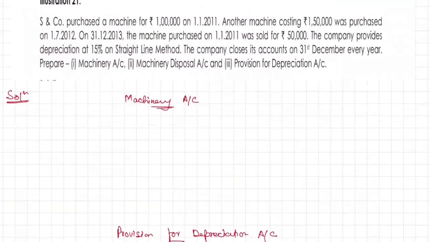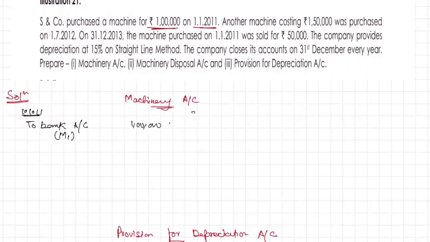So what happened? On 1st of January 2011, a machinery was purchased, correct? So I can write 1/1/11 to bank account. Okay, and I'll write M1 was for 1 lakh rupees, correct?